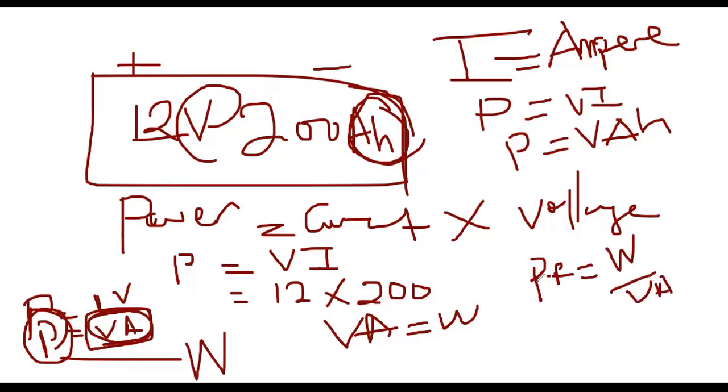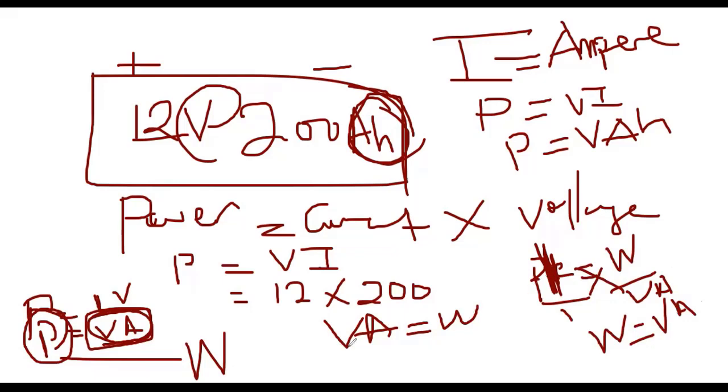If my power factor is 1, somebody tell me, if I cross multiply, is my watts not equal to VA? But a power factor of 1 is an ideal situation, and there's no ideal situation because there will be losses.